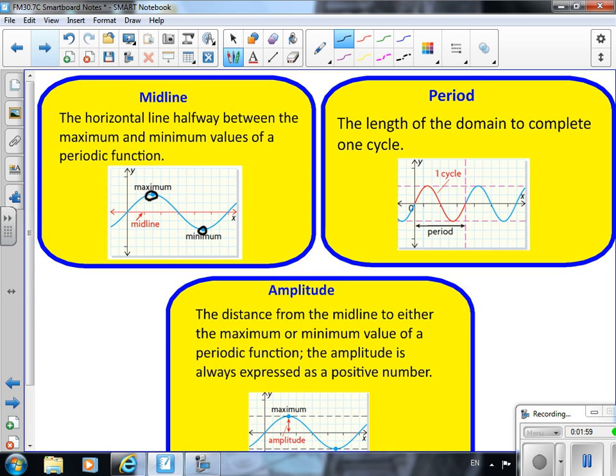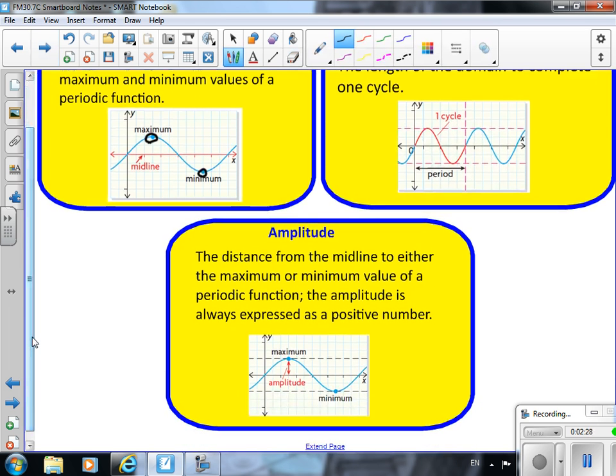So if we started here at the origin, one full cycle would be going up to the max, down to the min, and then back to that starting point at the midline. That would be one full cycle. A period can start at the max, go down to the min, and then back up to the max. Doesn't matter where you start, as long as you come back to that original starting position.